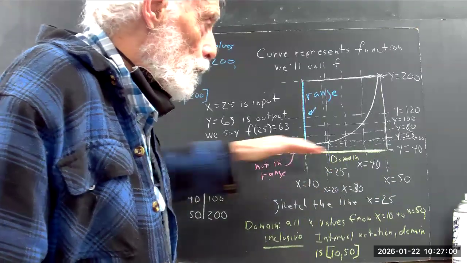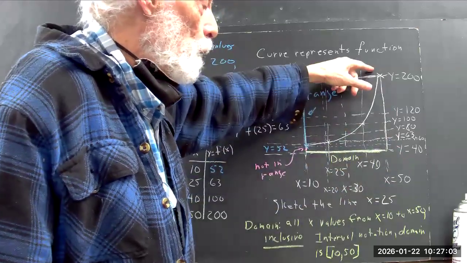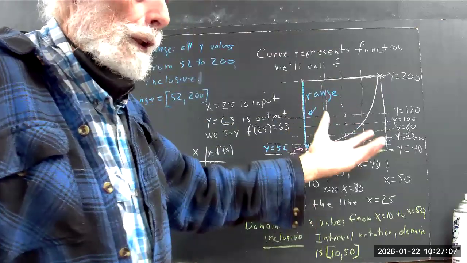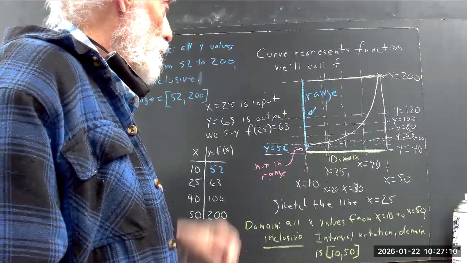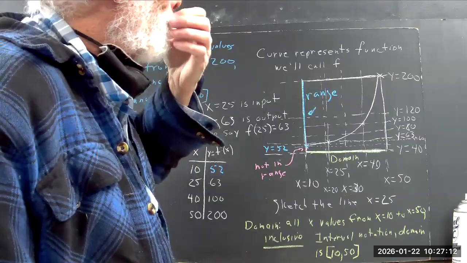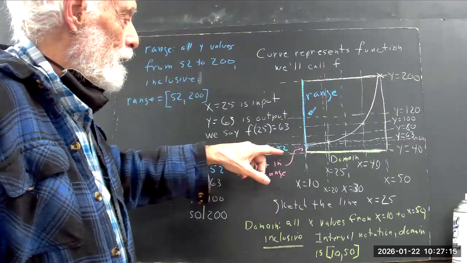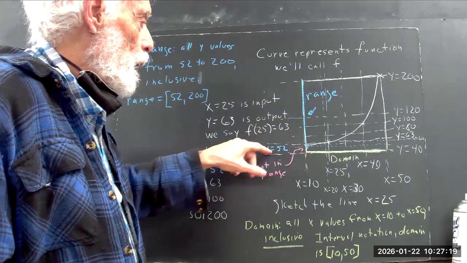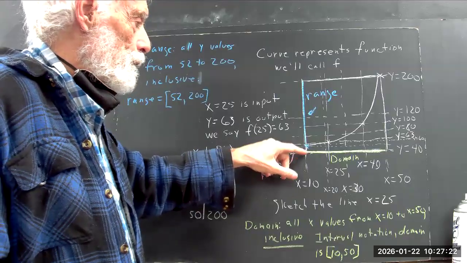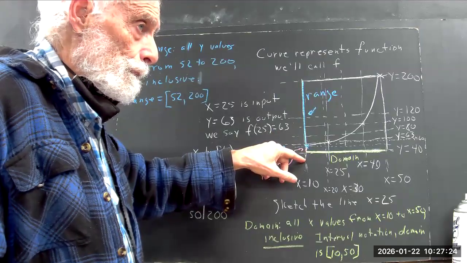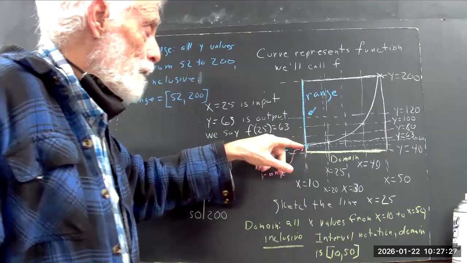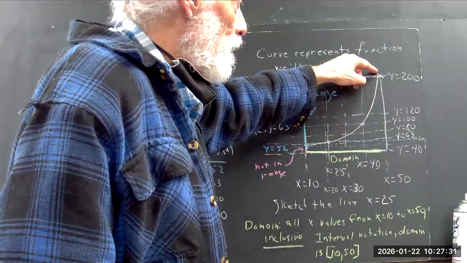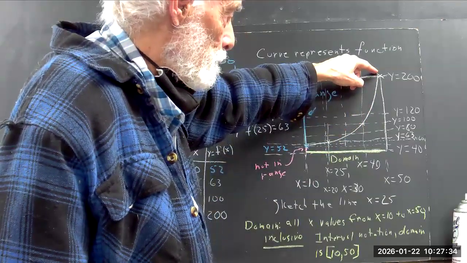And now two horizontal lines represent y equals 40 and y equals 200, intersecting those two vertical lines, and then a curve starting at the point on the left edge where y equals 52, in other words, just above the lower edge, and rising more and more quickly until it hits the right edge at y equals 200.